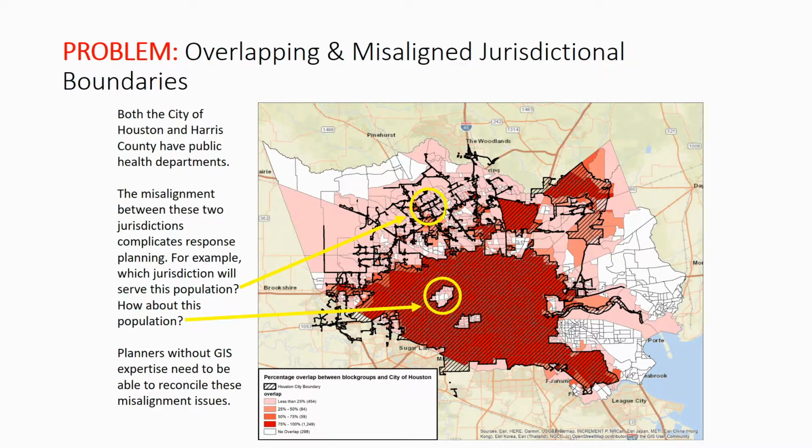Well, what about these areas over here? We can see there's little bits of the city of Houston that extend out into the county, but most of this area is actually part of the county.